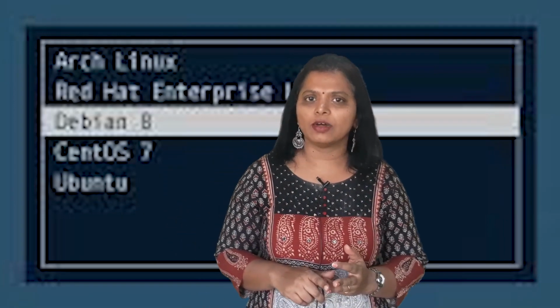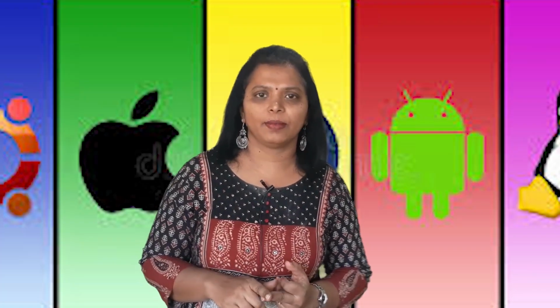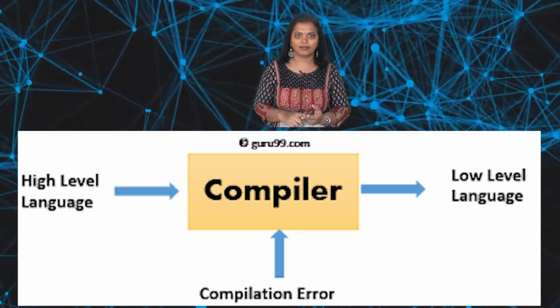System programs are nothing but the bootloaders, the BIOS, device drivers, the operating system, the compilers, the linkers, and the loaders. All these are system programs. These programs help in some way or other, not to us, but basically to the application program to get executed by the computer.